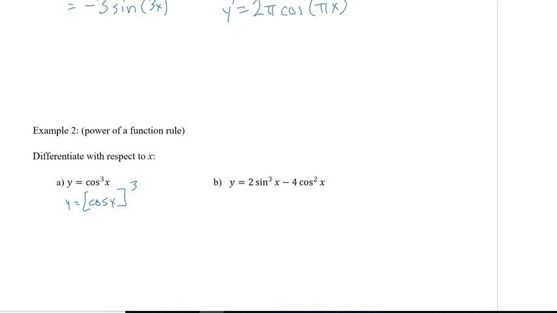So in this case, we can think of it as y equals u cubed, and u is going to be equal to cosine of x. So in this case, cosine of x is the inside function. So it looks a little bit different, but the same basic principle. So let's start by same place where we always do with chain rule, because this is essentially a chain rule problem.